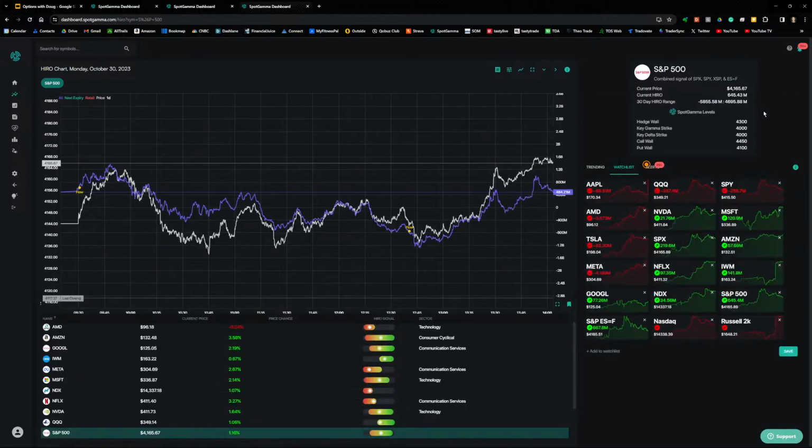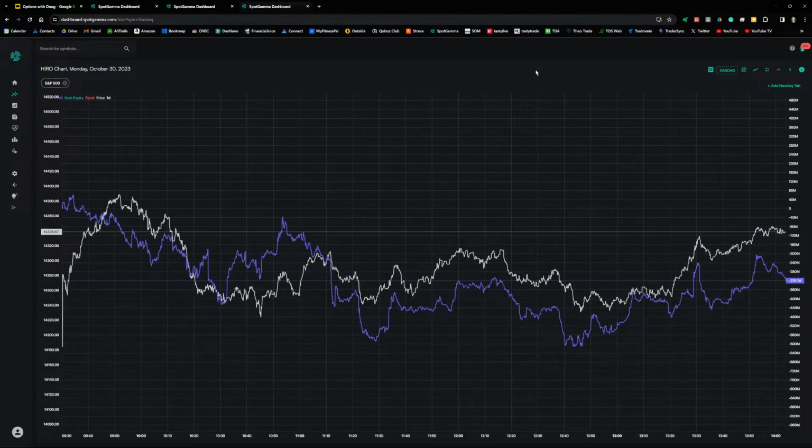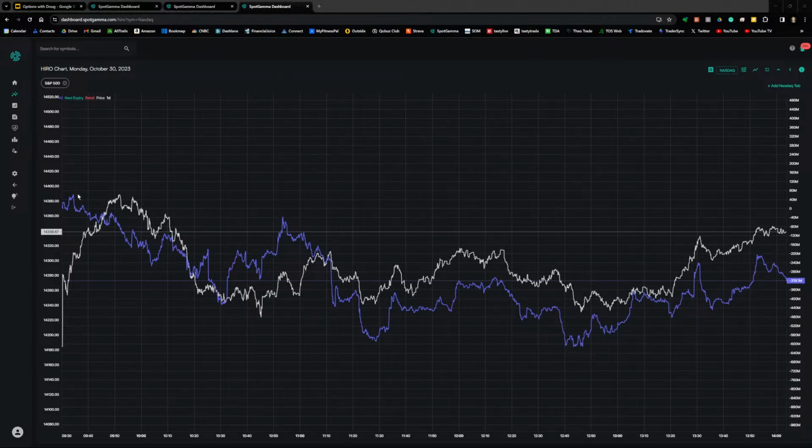All right, so short setup in the morning, then long setup in the afternoon. Took some patience. All right, let's take a look at Nasdaq now. All right, in Nasdaq, there was a clear divergent short this morning.